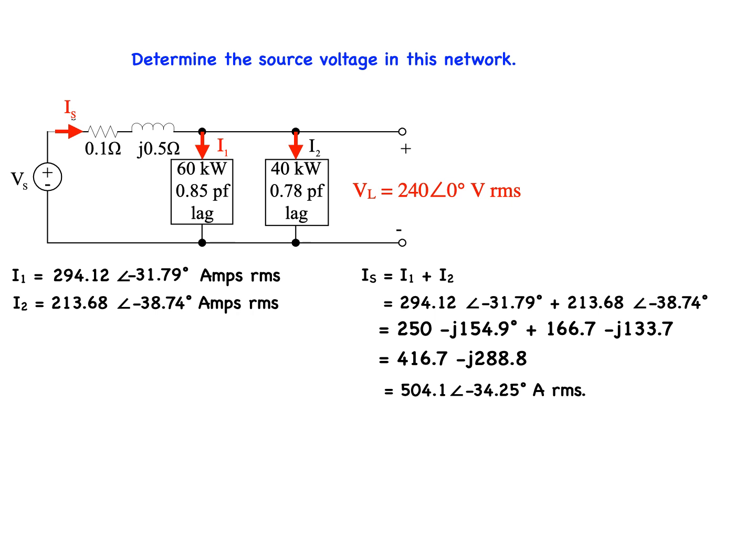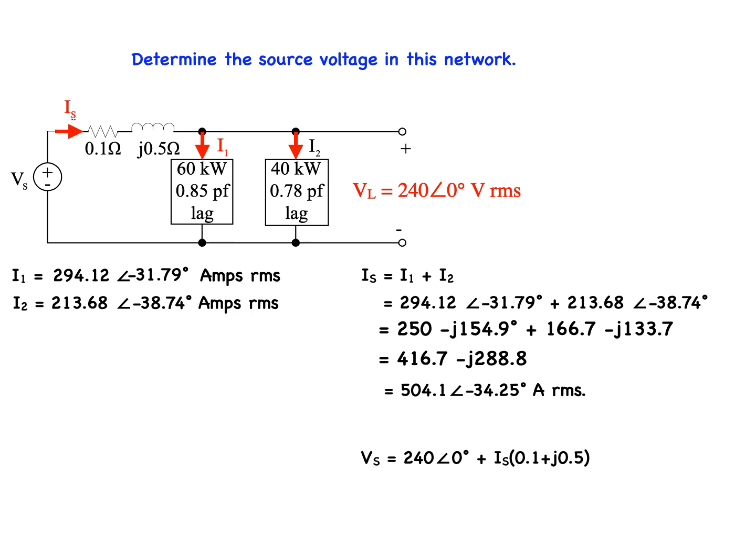Then Kirchhoff's voltage law tells us that the source voltage, Vs, is equal to the voltage across the loads plus the voltage drop across the transmission line, which provides us with this equation. Vs is equal to 240 at 0 degrees plus Is times 0.1 plus j0.5.